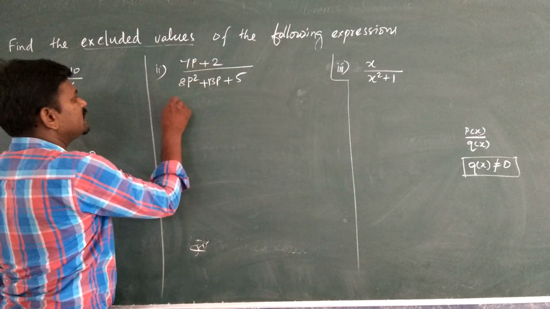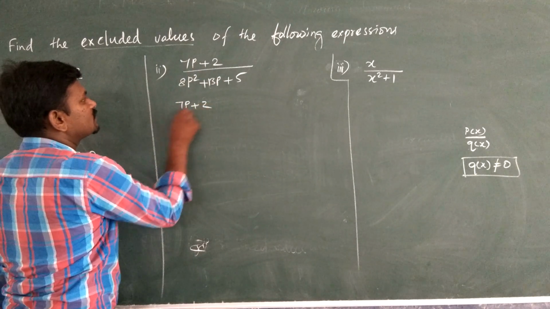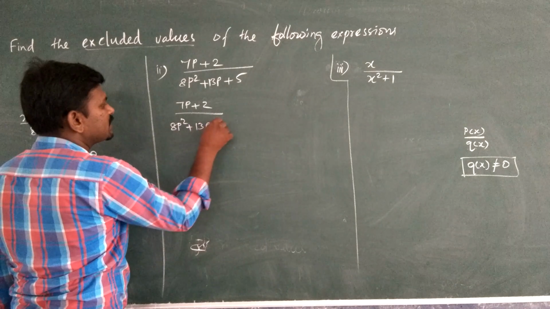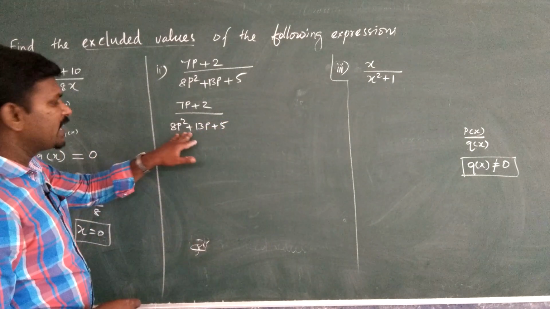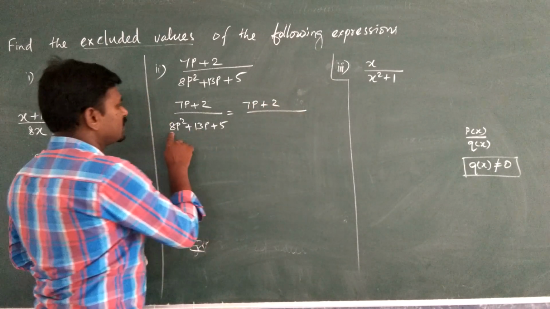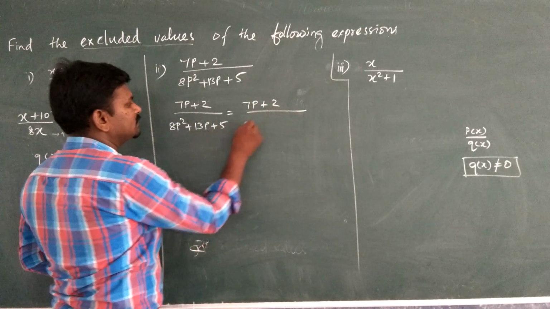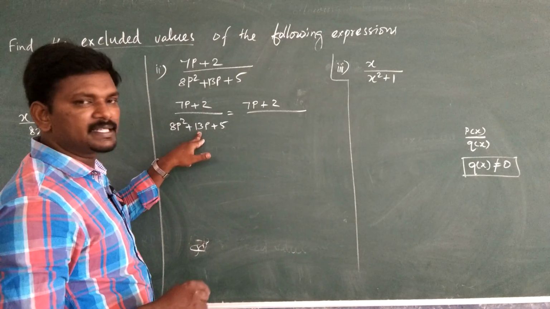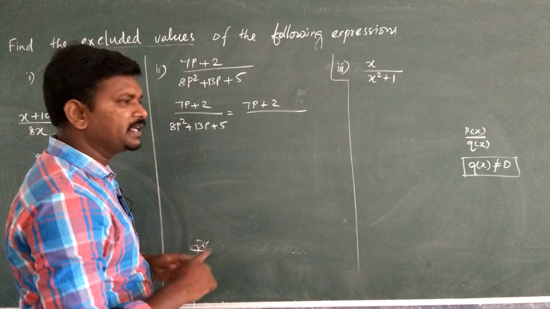Like that, here 7p plus 2 by 8p square plus 13p plus 5. We have to factorize and simplify. 8 5s are 40, 13. So if we multiply, we have to get 40. Their sum is 13. 8 5s are 40, 8 plus 5.